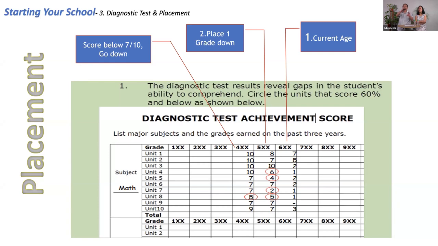We pick up all those gaps for him: in grade 4, unit 9; in grade 5, units 4, 5, 8, and 9. These are known as the gaps. These are where the administrator will have to buy the module for the child to begin.